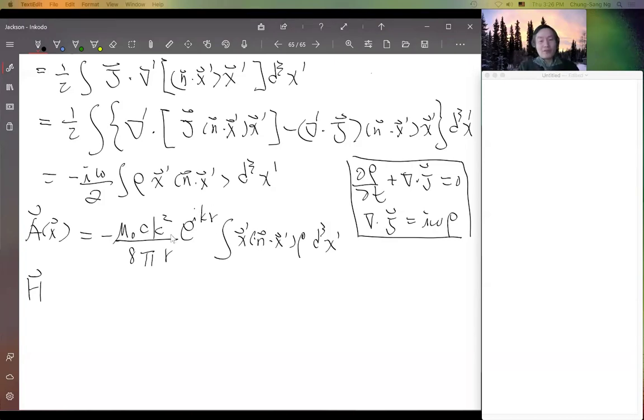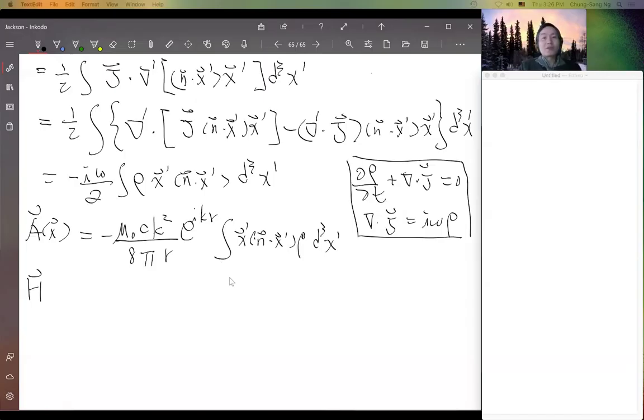The rest of the dependence, like r in here, and the r dependence in n, we all ignore, because those will give you an extra 1 over r factor, which is much smaller than taking the derivative of the exponential function, because we are in the far zone, r is large.